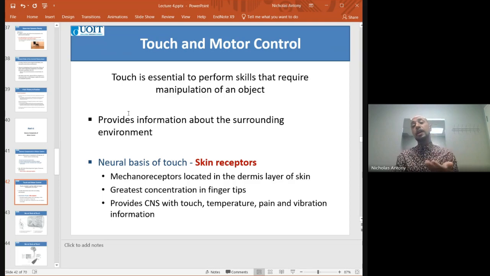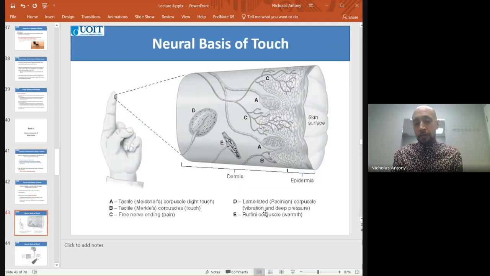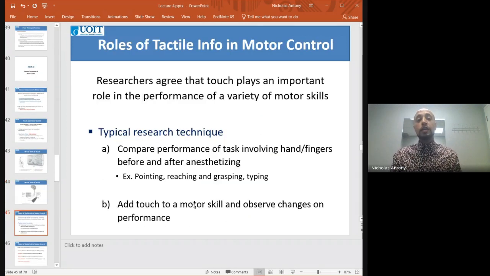With touch, it typically comes from our skin receptors. You won't really be judged on the different types of receptors, but we use touch in motor control. We wanted to look at how useful touch is when performing different types of skills. There was a whole class of studies that looked at how important touch is in our ability to perform different classes of motor skills, like pointing, reaching, grasping, typing.